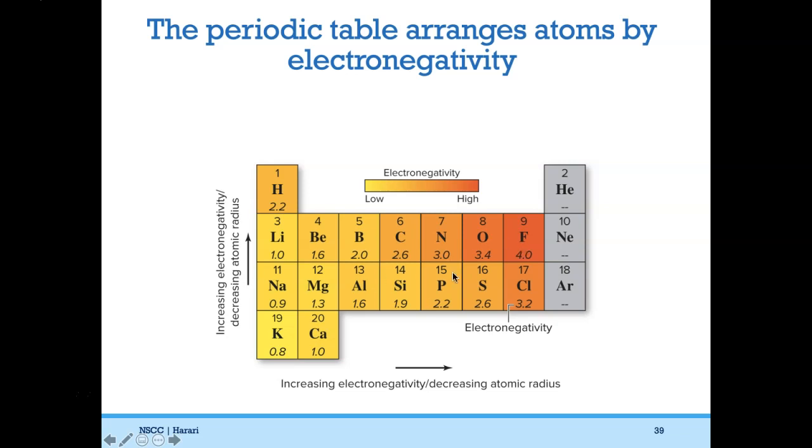So on the right, the most electronegative are these halogens, these elements that are so close to being very stable, like these guys over here. Fluorine and chlorine have 7 valence electrons. They're very, very greedy for one more electron. So that means they're very electronegative.